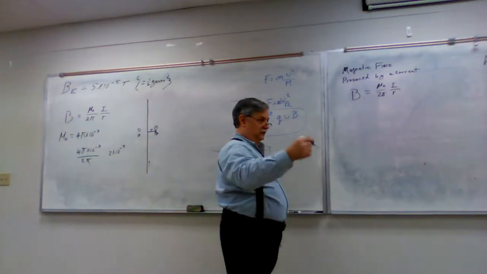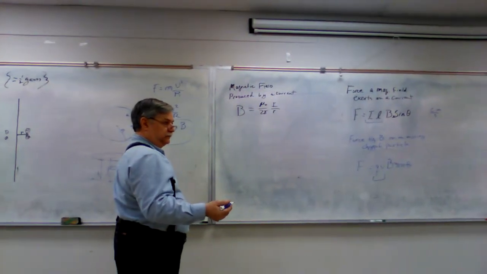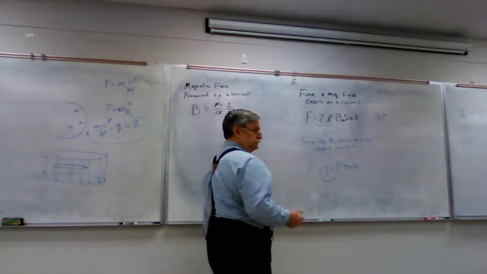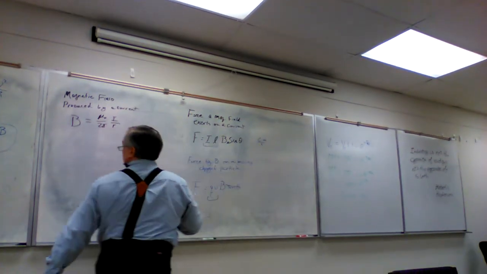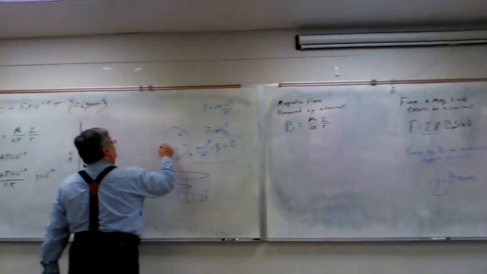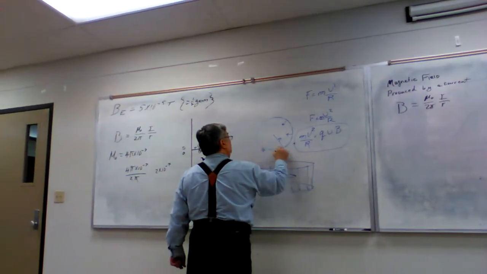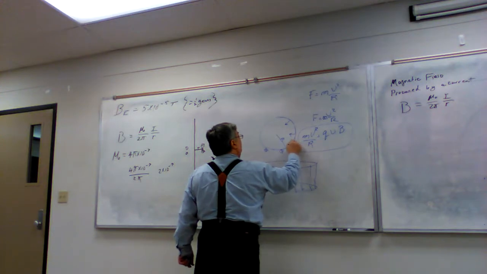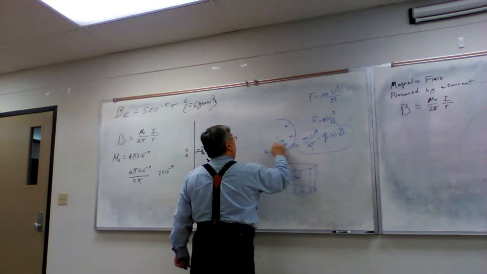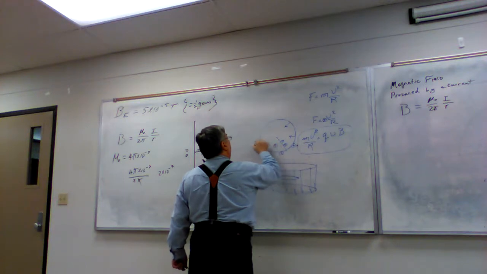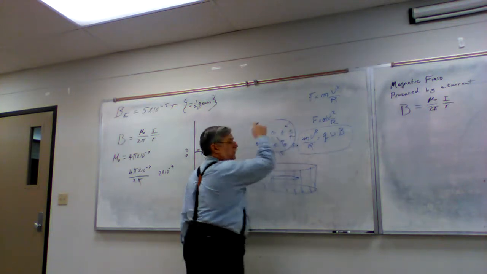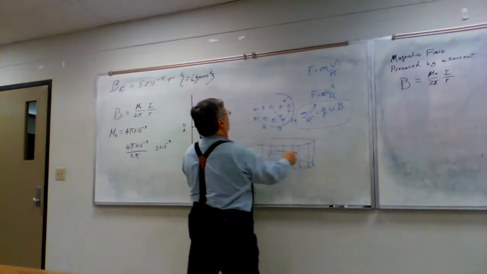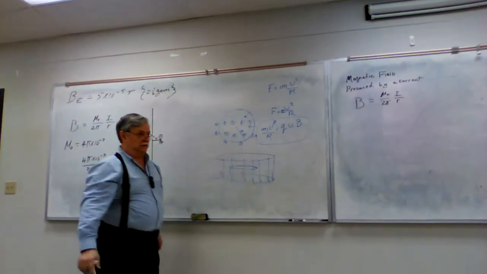And so the sine of 90 degrees is 1. The magnetic field would look like this, everywhere, over an area much greater than the circle that it's moving in.